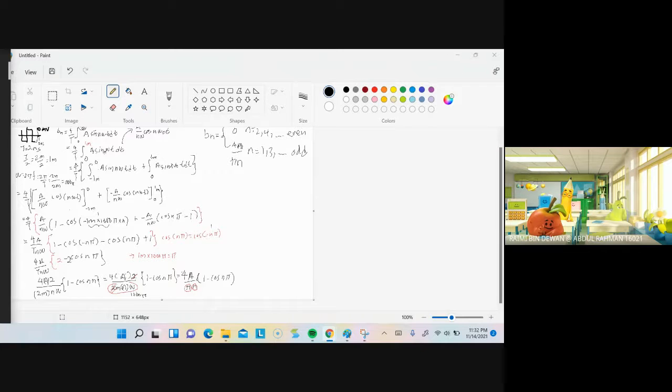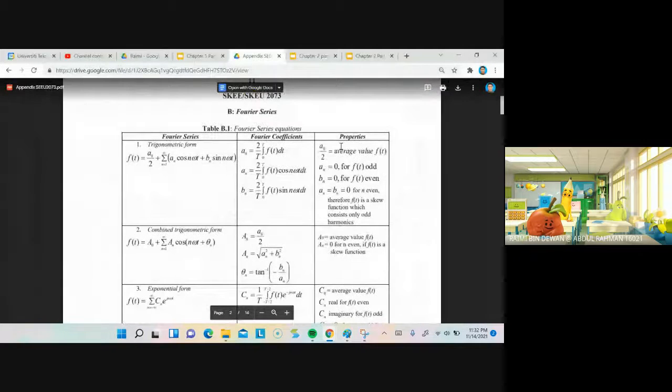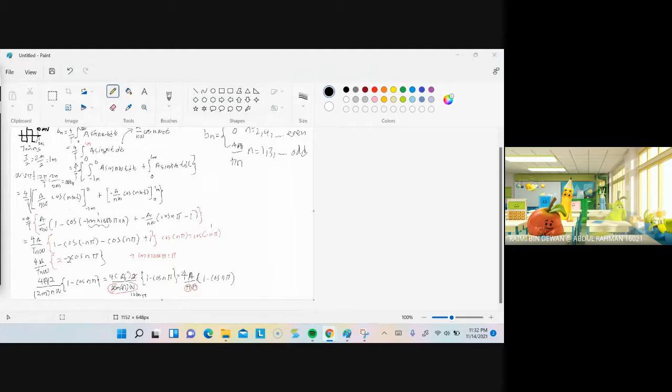Again, you need to see your appendix. So from here, then we continue.